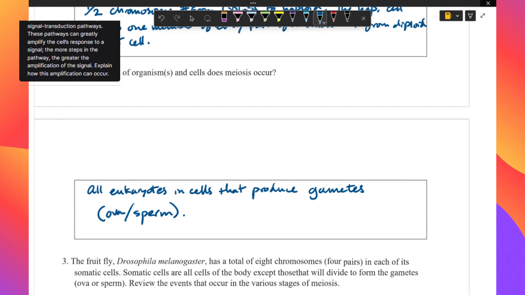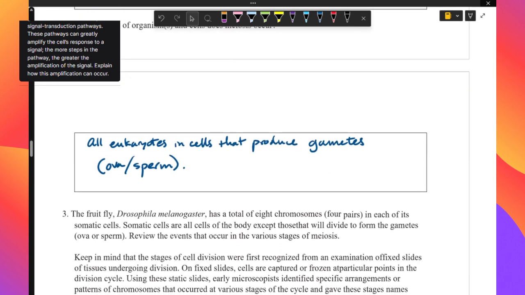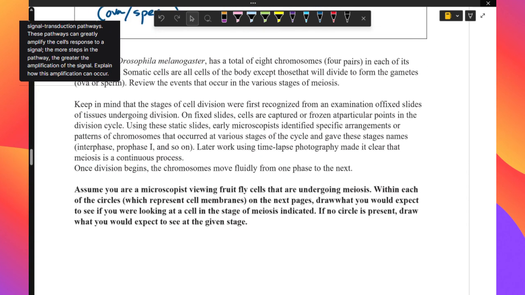So this is where the evolutionary advantage of sexual reproduction really shines, because we're going to get a greater degree of biodiversity through meiotic division compared to mitotic division. And we're going to get into a little more detail on that shortly.